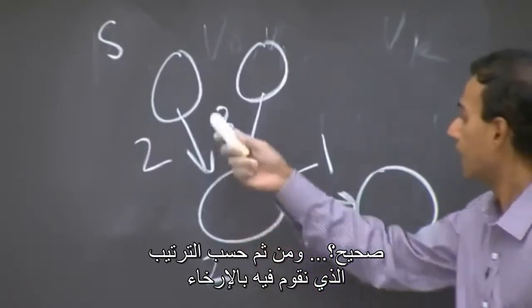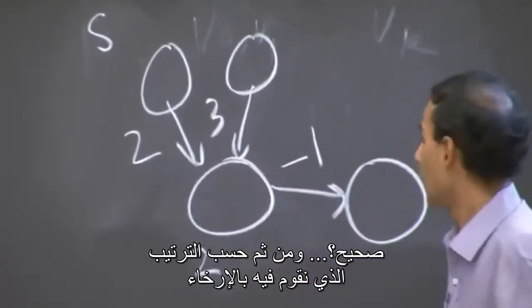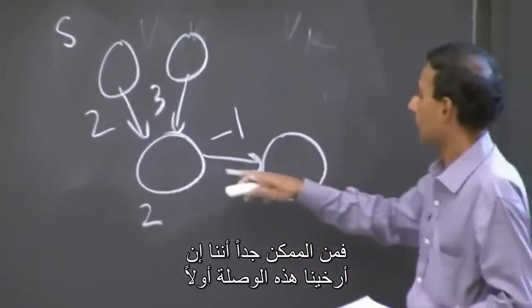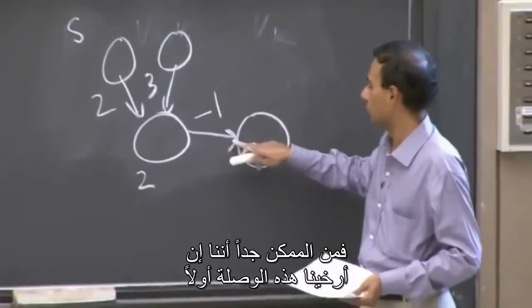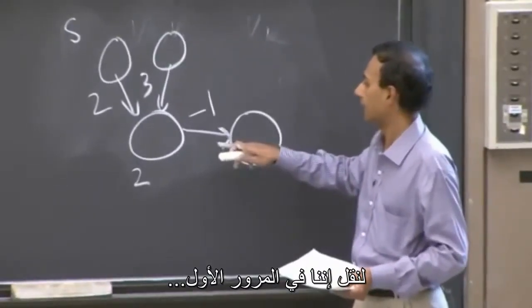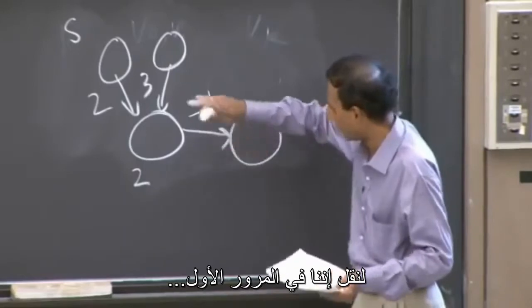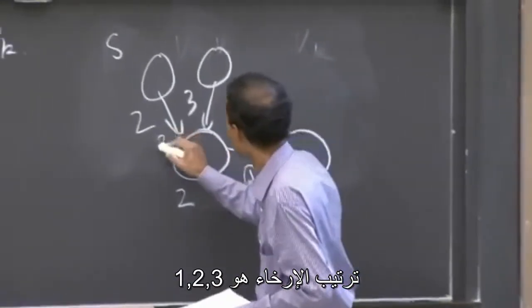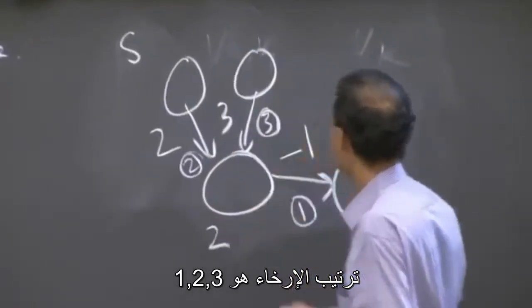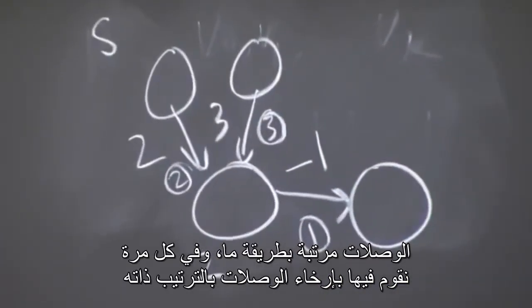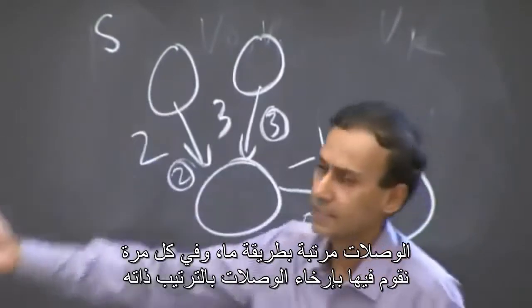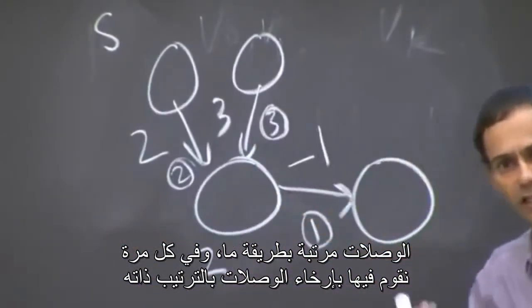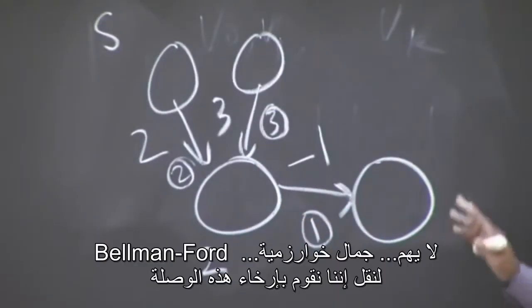And then depending on the order in which you relaxed, it's quite possible that if you relax this edge first, let's say that in the first pass, the ordering of the relaxation is 1, 2, and 3. So the edges are ordered in a certain way each time, and you're going to be relaxing the edges in exactly the same order each time. All right? It doesn't matter.